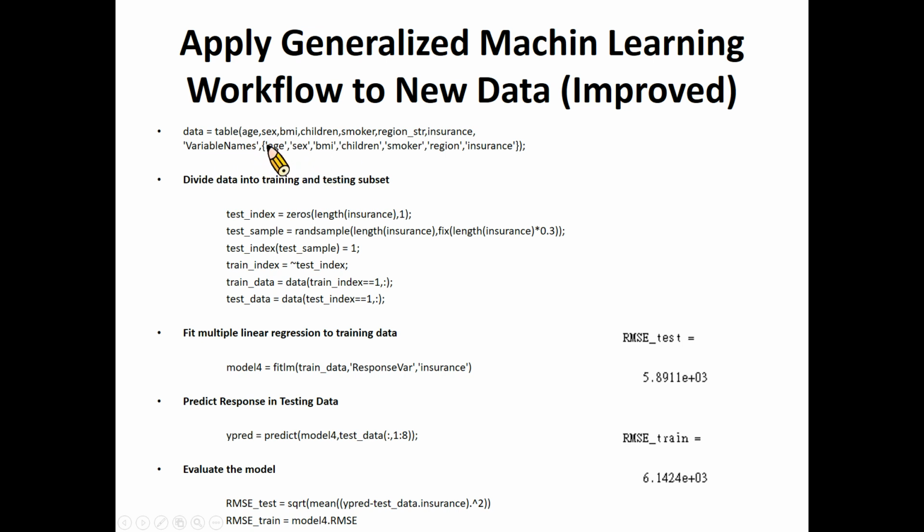Also in this case, we don't have to create the dummy variable for the categorical variable. MATLAB can automatically handle the categorical variable for you. So in this case, we don't need to divide the region string into southwest, southeast, or the other regions.